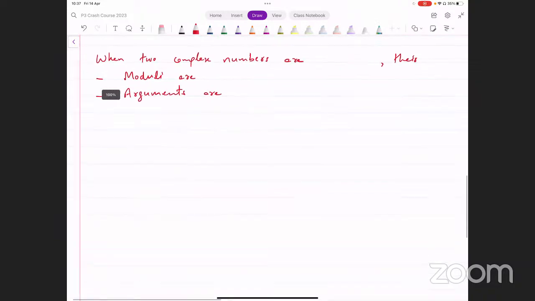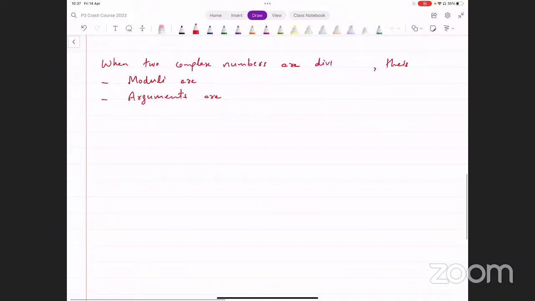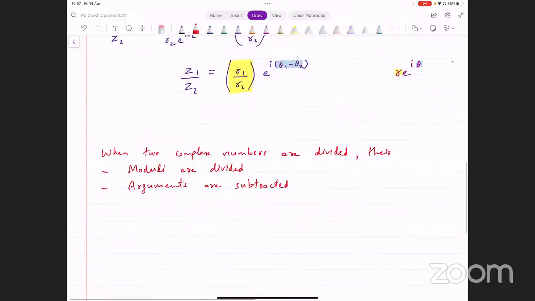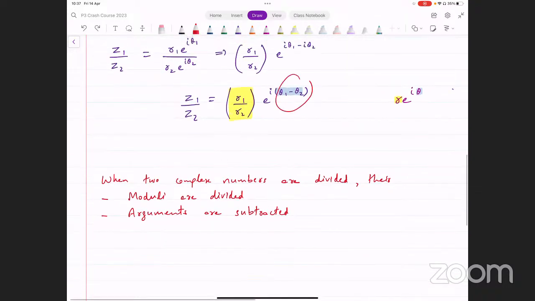Whenever two complex numbers are divided, one divided by the other, what happens is their moduli are divided, and their arguments are subtracted. You can see that in the result here. Iota theta 1 minus theta 2, so the arguments are being subtracted and the moduli are being divided.